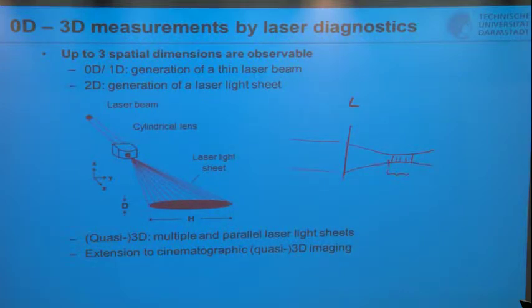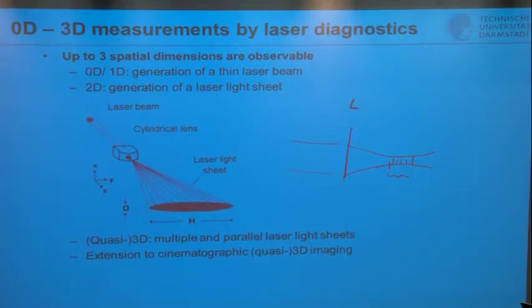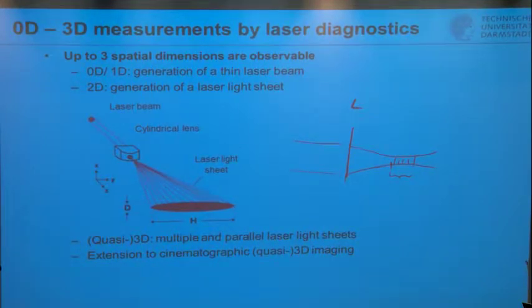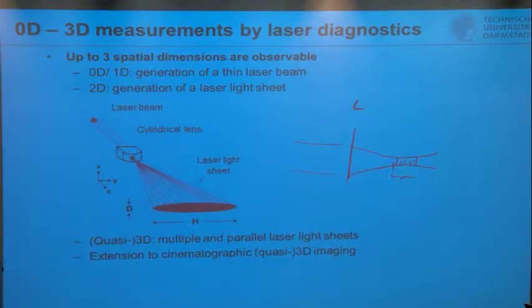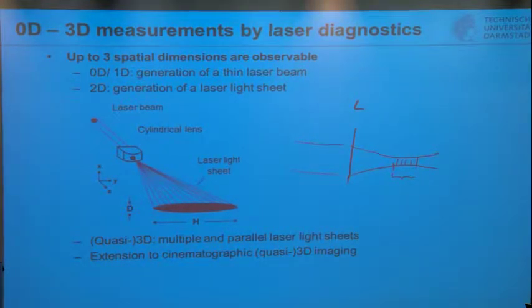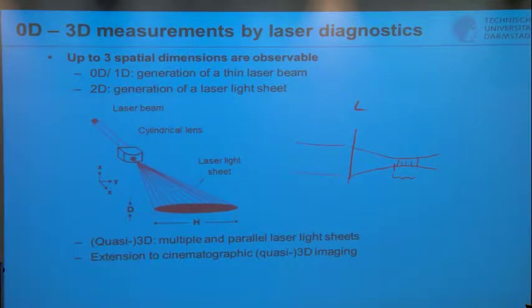And if you want to do a 1D measurement with high resolution using a focused beam like that, maybe you're restricted to a couple of millimeters only. If you want a larger extended 1D probe volume, you have to use telescopes so that you have a parallel beam intersecting your device. And then it's difficult to make it 50 microns. That's very difficult. So it's really a trade-off. It depends on what you're after.